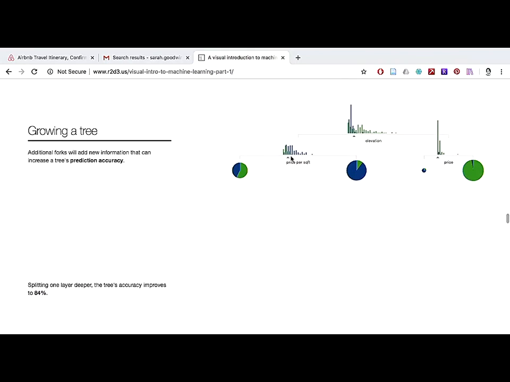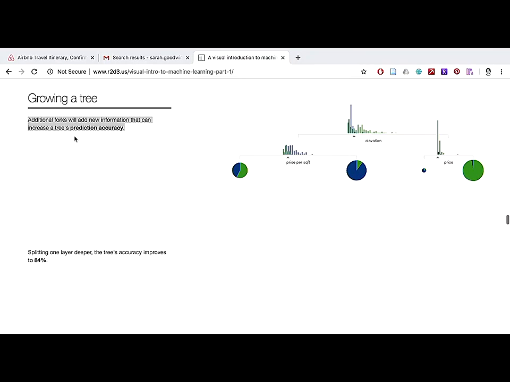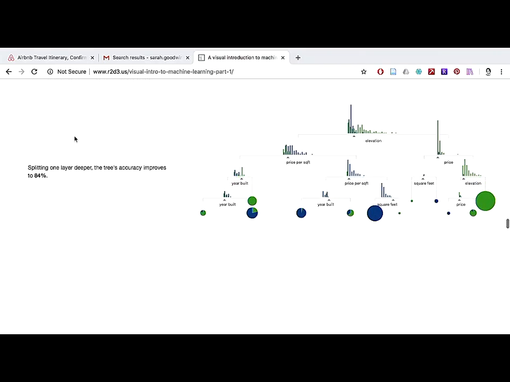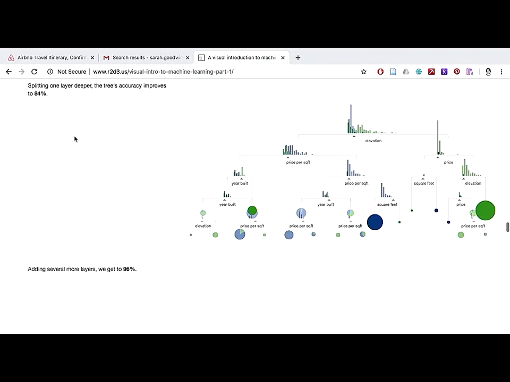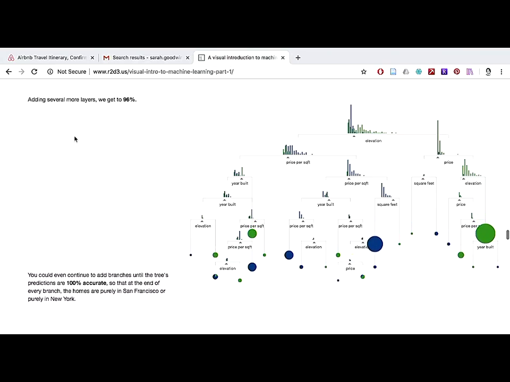Here we have our three different variables, and we look at how well it predicts. Then it keeps going down and down, building this nice little tree based on how well it's predicting the data.